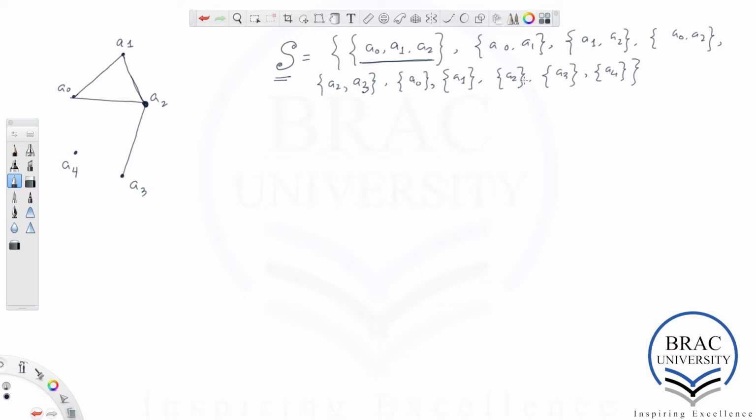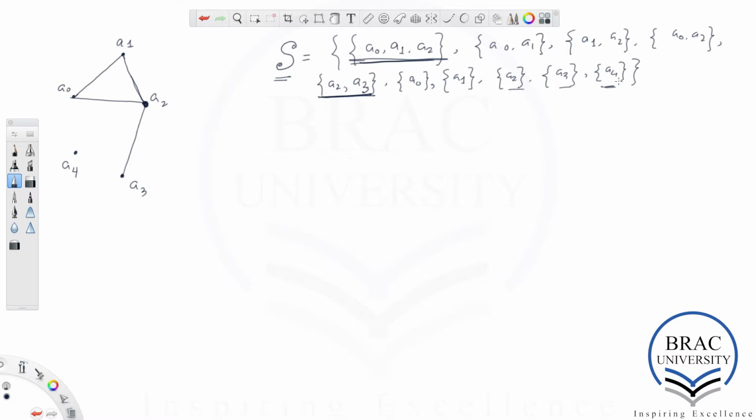And again we have this one here, which is a one-dimensional simplex, and this one is a two-dimensional simplex. This is a one-dimensional simplex, and there are two non-empty proper subsets, a2 and a3. They are also here. a4 is here. There is no non-empty proper subset of a4.